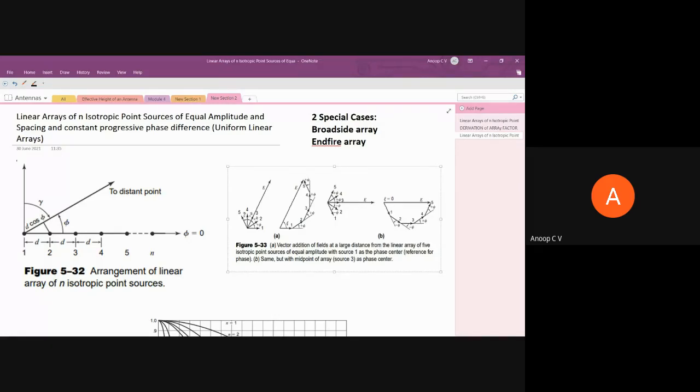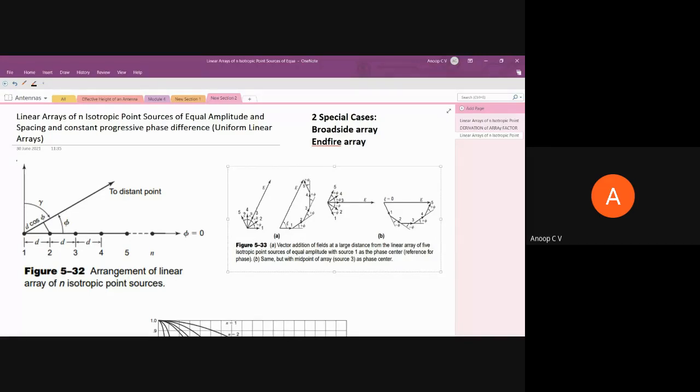Then we extended the concept of array of isotropic point sources to array of 2 non-isotropic point sources. That led us to the principle of pattern multiplication. What we saw yesterday is if you have 2 similar non-isotropic sources kept at some distance d, the resultant field will be the product of the individual non-isotropic field pattern and the corresponding field pattern of 2 isotropic point sources.